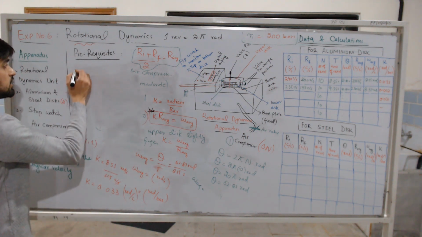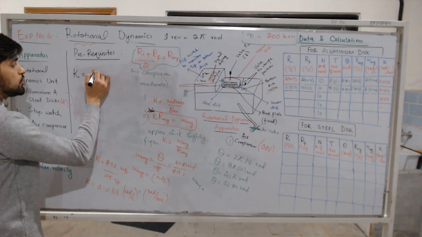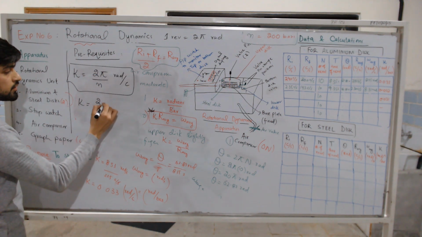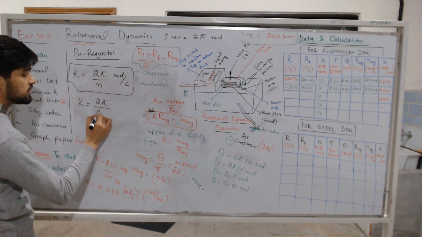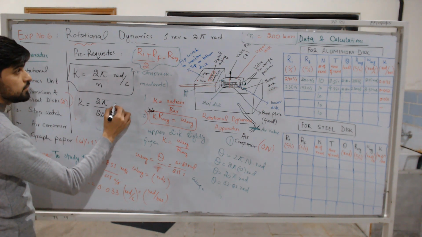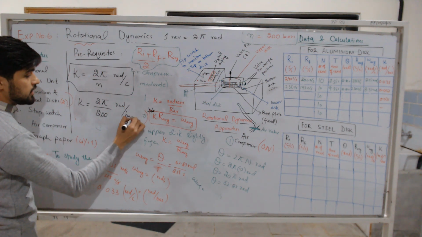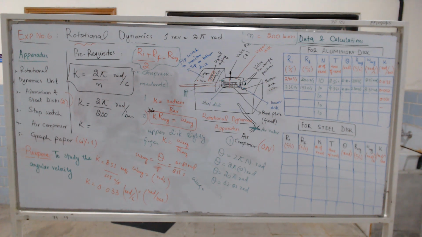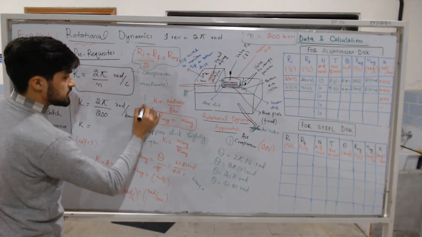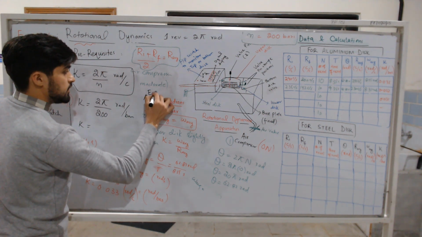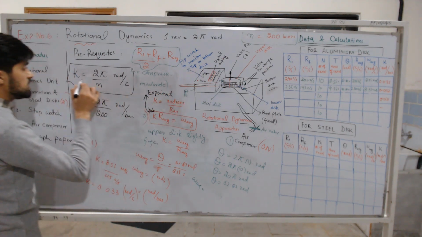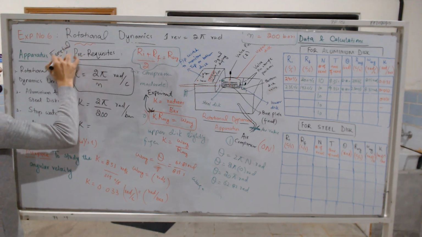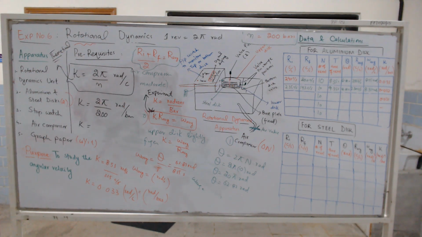And one more thing is, K is equal to 2 pi by n. So if 2 pi is divided by n, which is 200 bars, this will be radian per bar, and you will get the value of K. This will be the theoretical value. Keep in mind, this is the experimental value of K, and this is the theoretical. Then we will have to calculate the percentage difference.